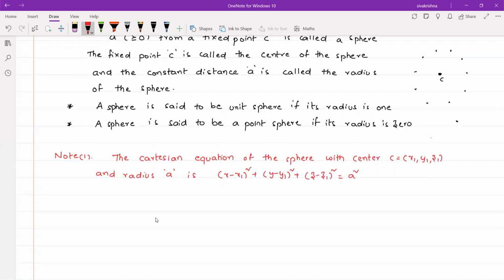So this is the equation of the sphere with the center (x1, y1, z1) and radius small a.